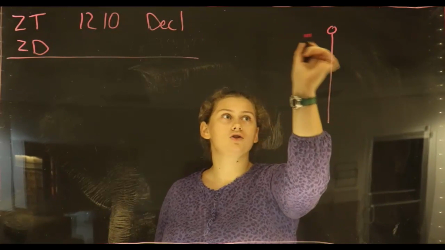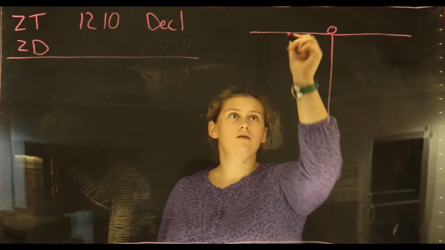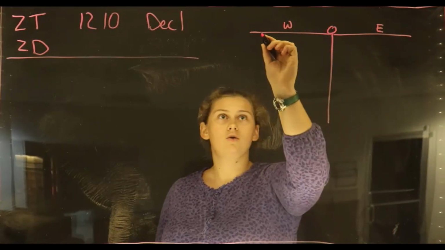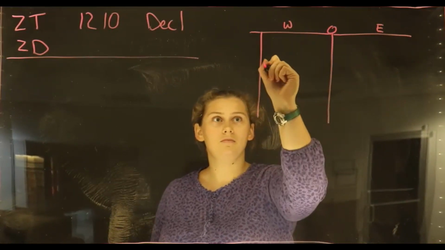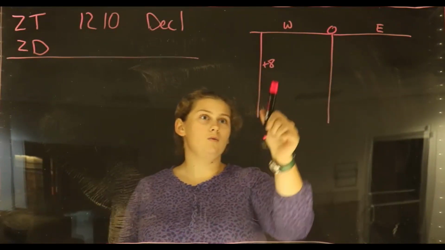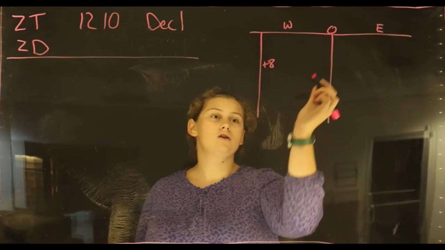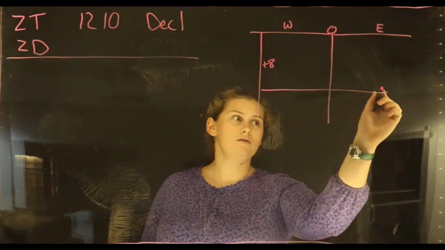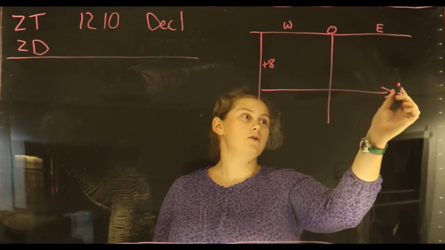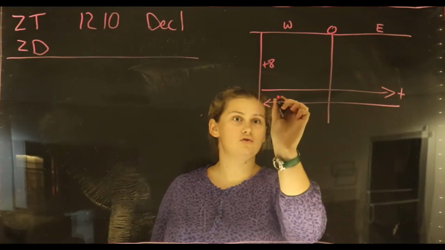So we have our chart and we have our east and west. We are west at +8, and we'll take this +8 and we're going towards Greenwich. So if you're going this way, you are going to be adding. If you are going this way, you are going to be subtracting.